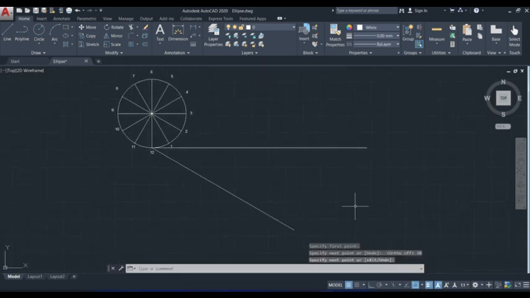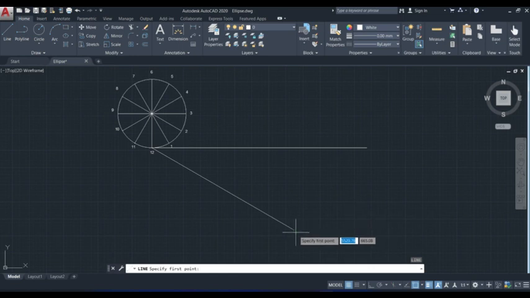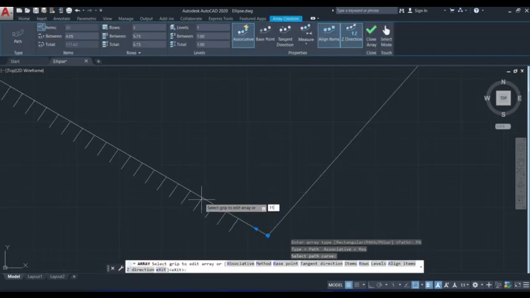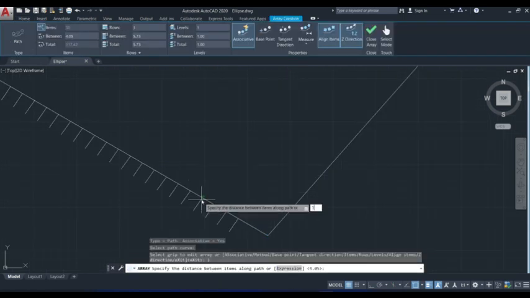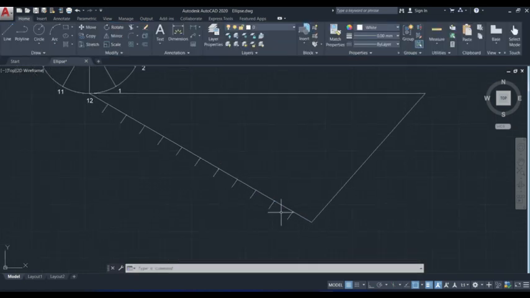Next step is we have to connect the extreme point to this point here. Now we can easily divide 120 into 12 equal parts with a 10 mm gap. 120 by 12 means 10 mm. Here I have divided this line into 12 equal parts.